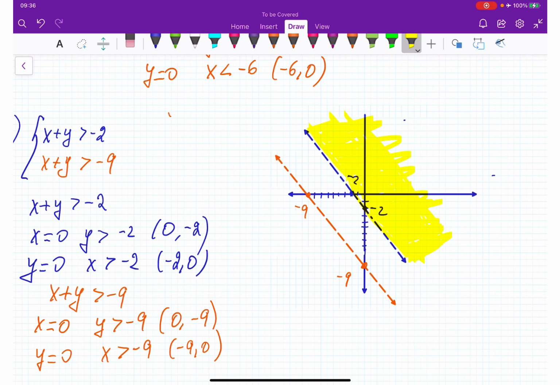Okay, and here we have greater than negative 9, which is going to come from here, right? And then join this green one.